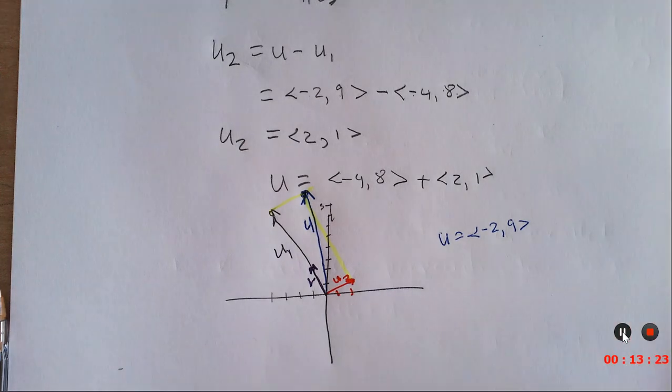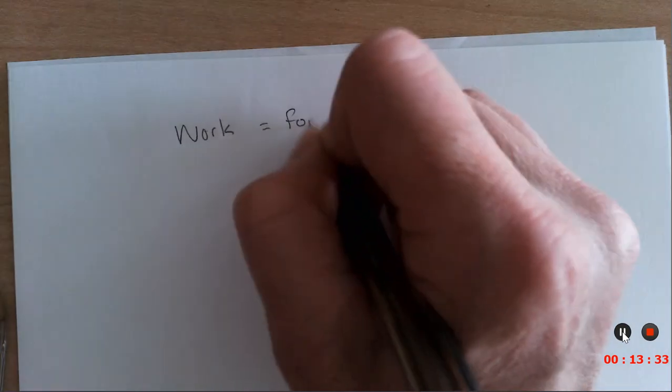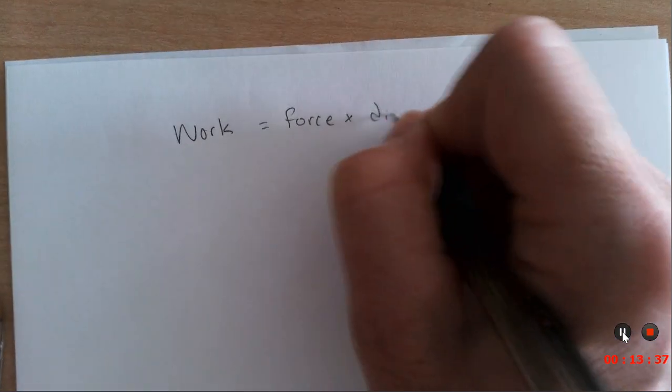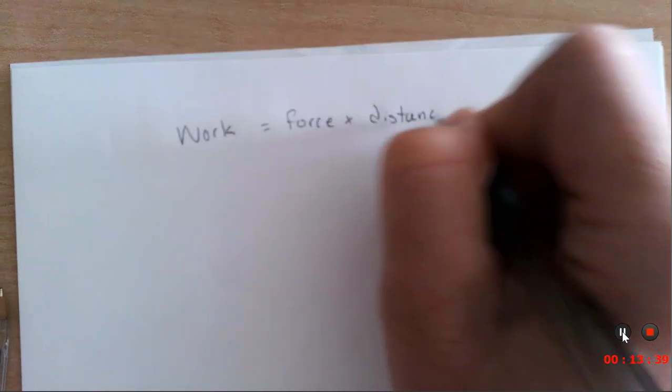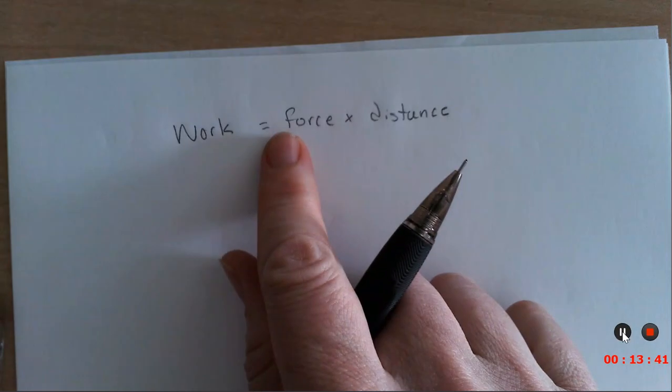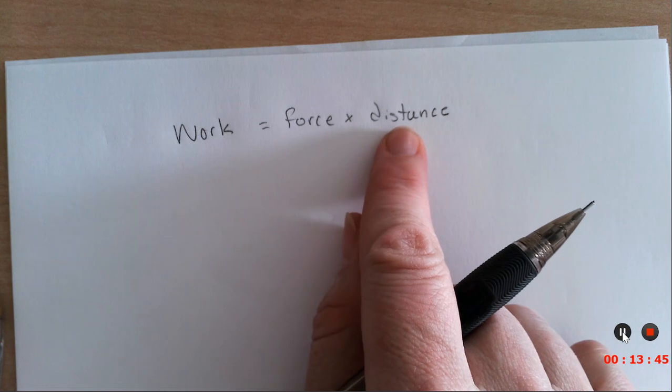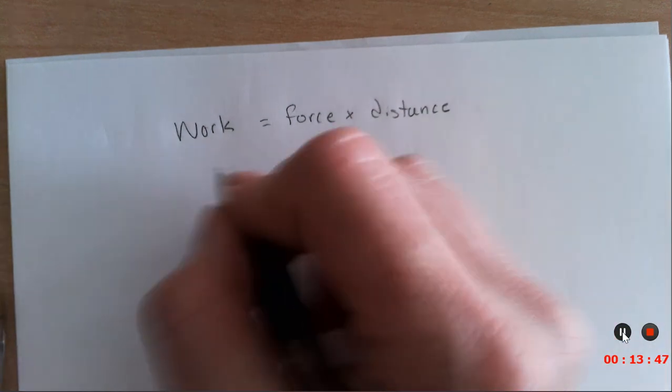All right, now we're going to move on to work, which is also a vector concept. So work is force times distance. So it's a measure of how much work it takes when you have to exert a force to move an object through a certain distance.